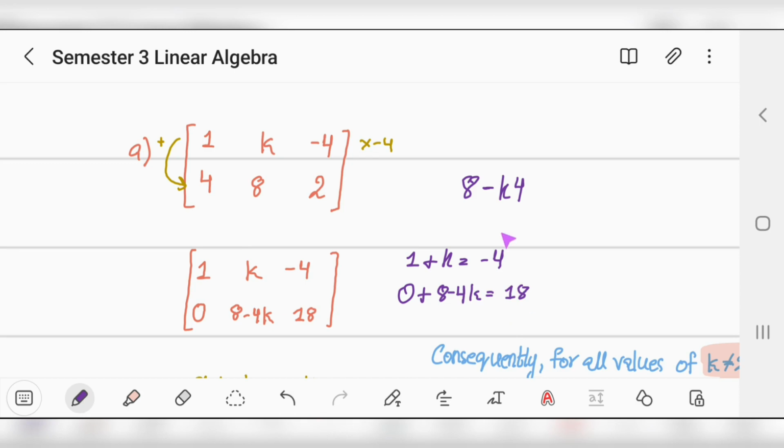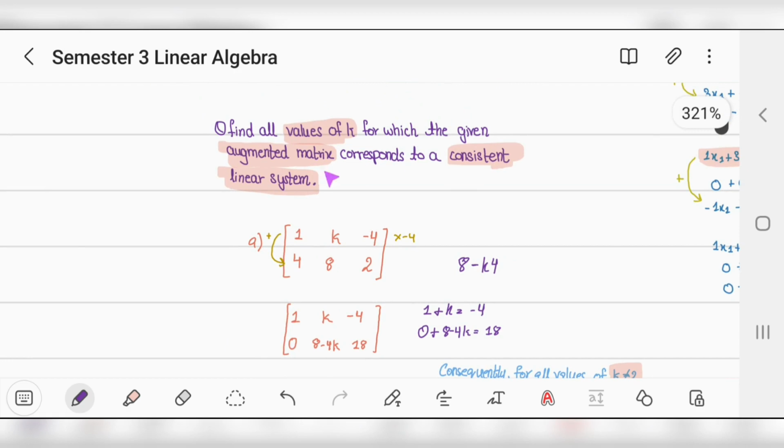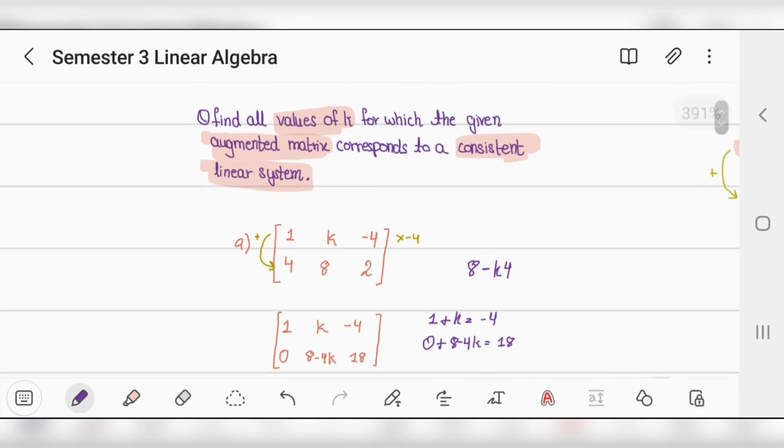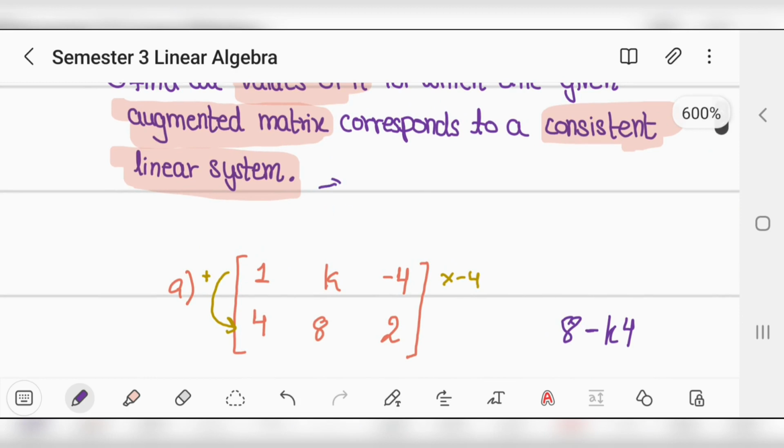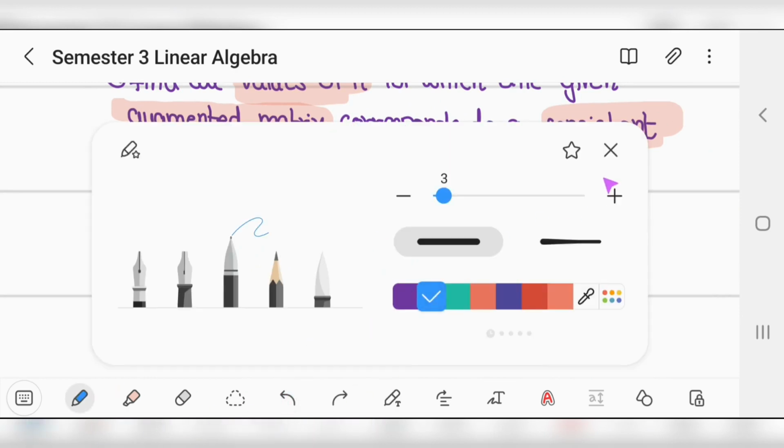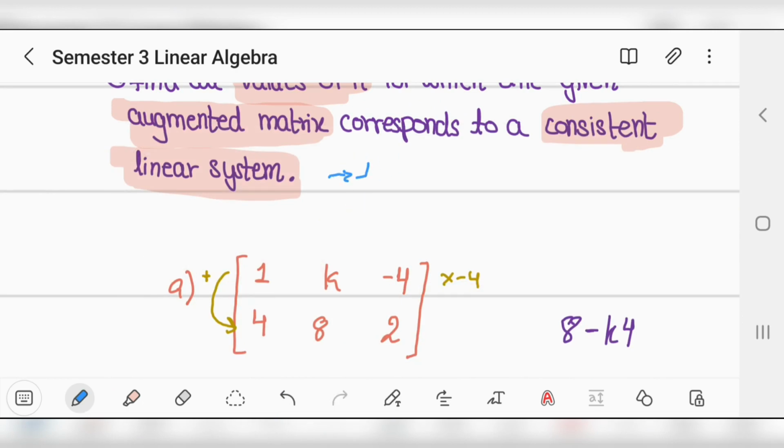Okay, so it says consistent linear system, which means it is either infinitely many solutions or a unique solution.